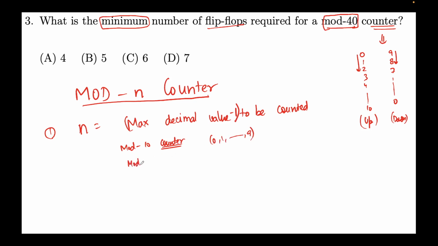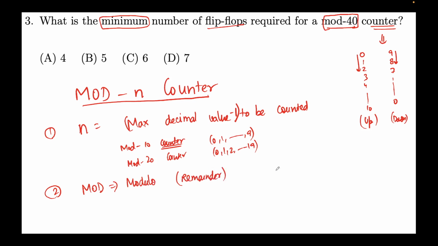Similarly, a mod 20 counter will count from 0, 1, 2 to 19. You will now understand what this mod means. Mod stands for modulo or modulus, or in other words, remainder, to put it in very crude terms.